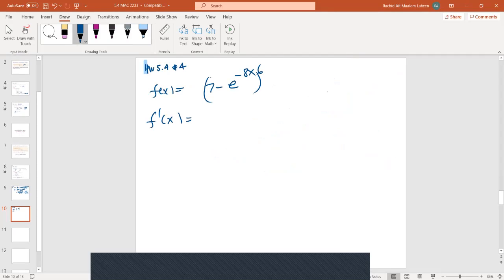Just remember the chain rule: 6 times the quantity 7 minus e to the negative 8x, to the power of 6 minus 1, then the derivative of the inside.